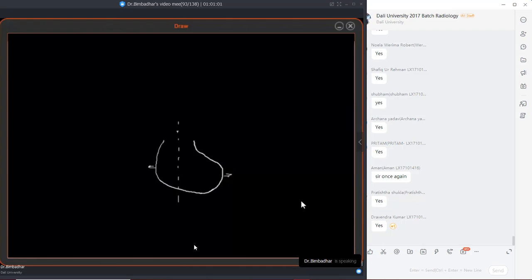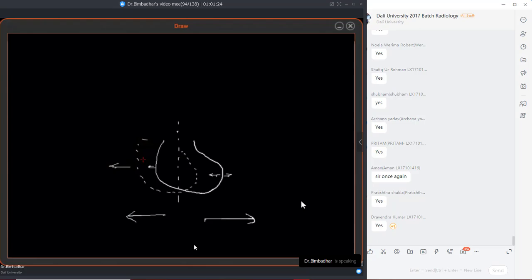If there is a shift of the heart to the right, the left heart border will go in, and the right heart border will be pulled more this way.